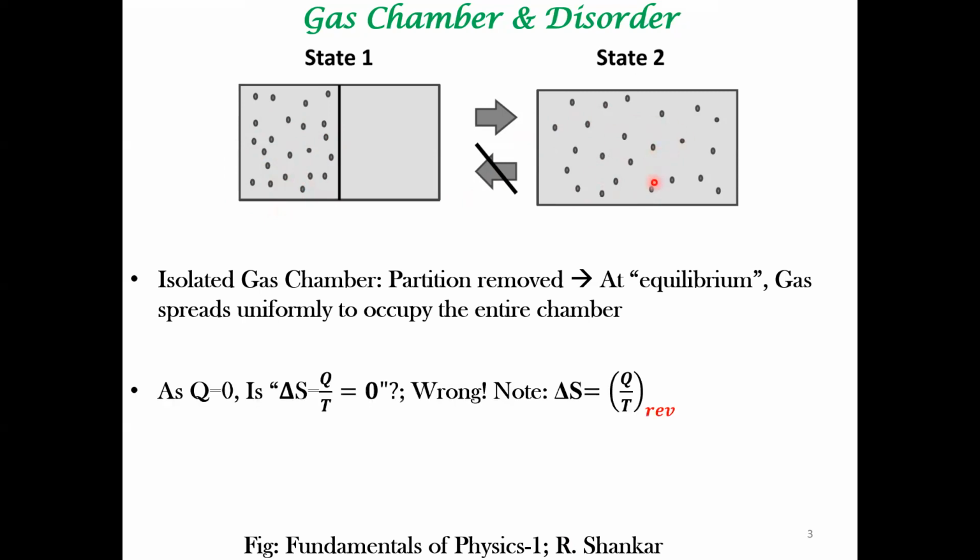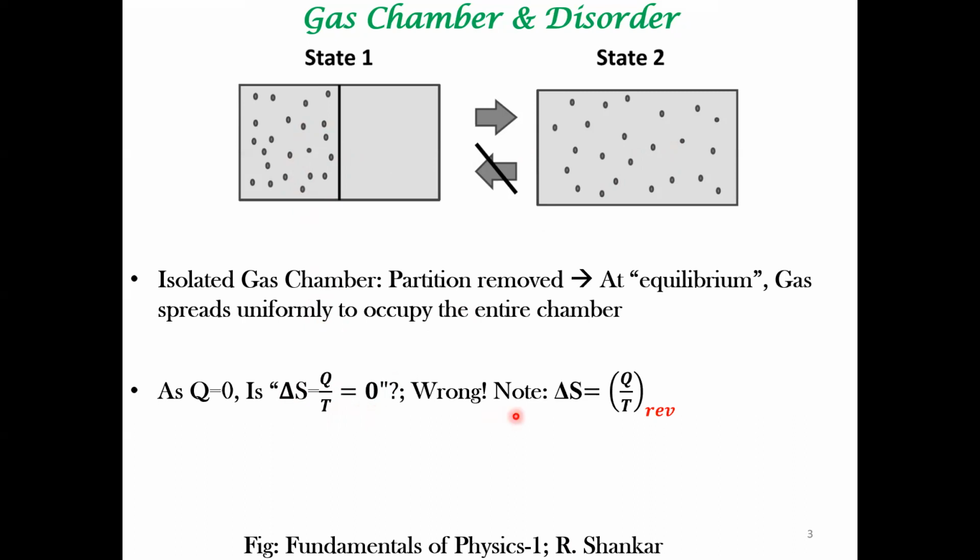So how do you go about analyzing? Let's calculate entropy. As Q is 0, because this is an isolated system, there's no heat interaction, and it's a free expansion also, can we say the change in entropy going from this state to this state is Q by T, which is 0? This seems odd, right? Why is it odd?